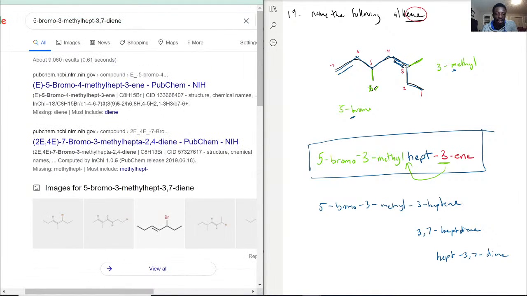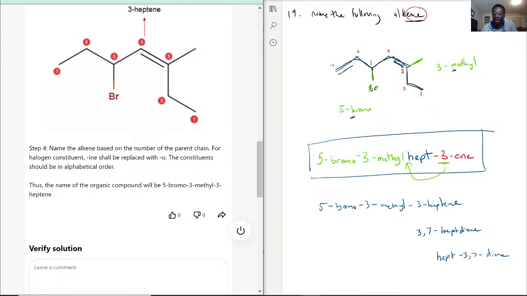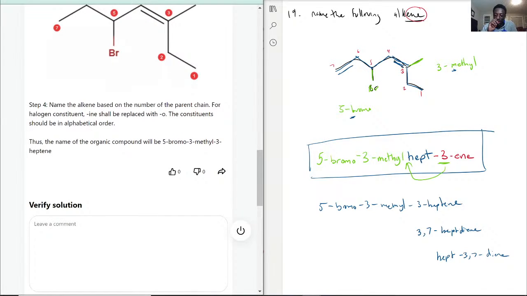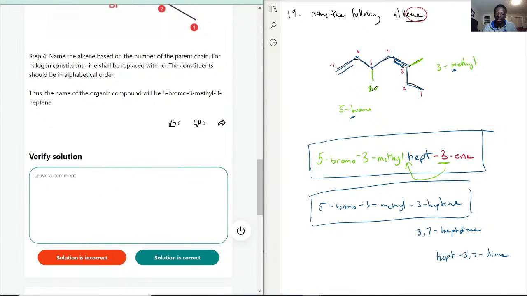Because unfortunately the internet does not have every possible combination of it, but that is my little caveat here in terms of different naming, because it can get a little bit wonky in terms of what exactly they want you to do. So it's important that you follow whatever your instructor gives, because even the IUPAC naming specifically can vary a little bit within itself.